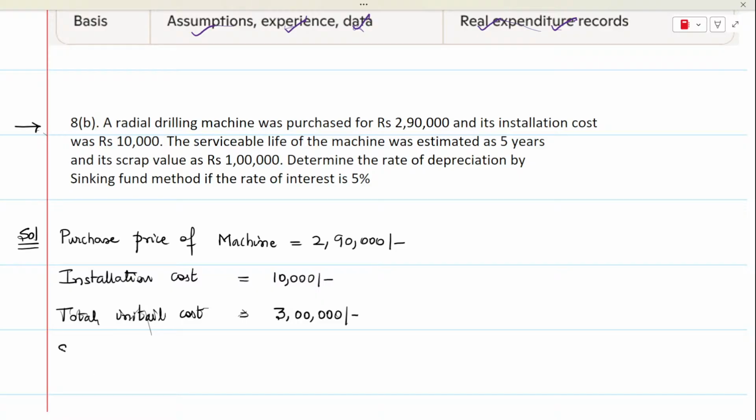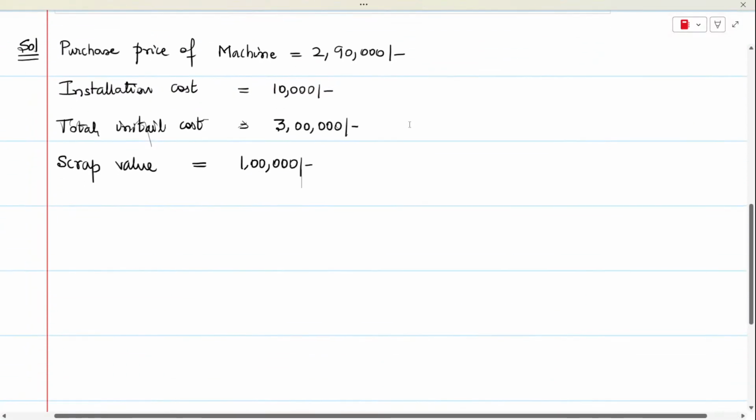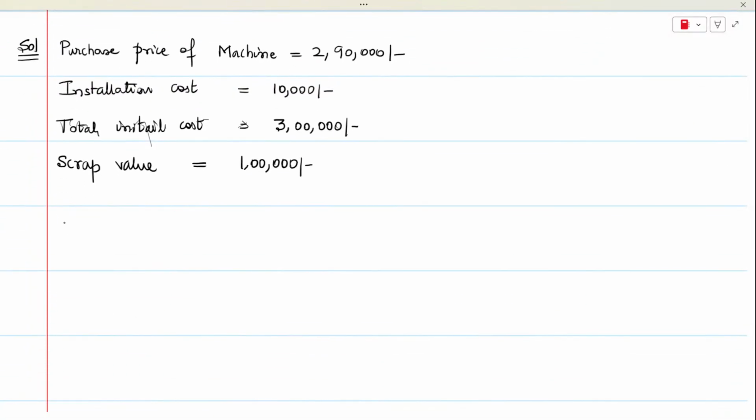Next is scrap value. Scrap value is 1 lakh rupees. Serviceable life is 5 years. And rate of interest is 5%.